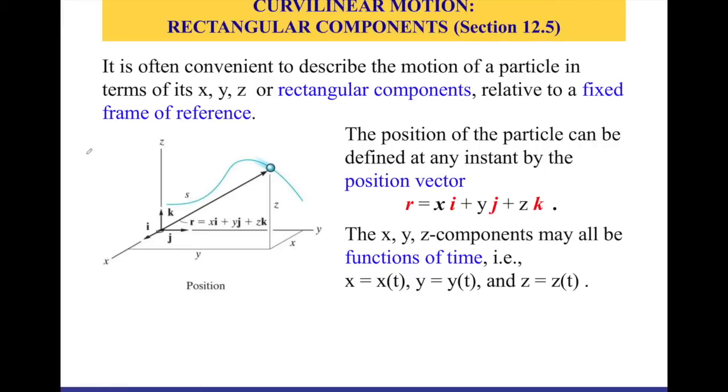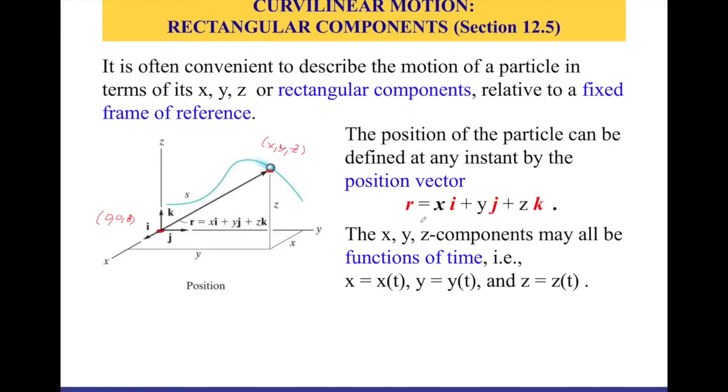If this is your reference point, and this is your location in space, we can identify an R vector, which is called the position vector, and you will find these values x, y, and z. Then you have the reference 0, 0, 0, and you can identify your position vector by subtracting the latter from the former.